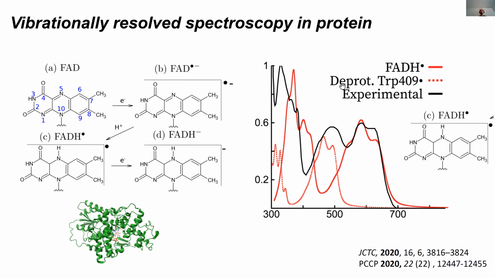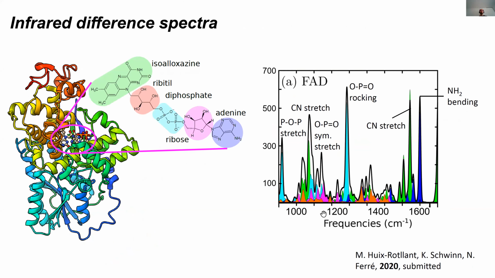And in fact, when we considered the electron and proton donor from the protein, which is tryptophan 409, then we managed to reproduce this peak in between. So that was the first time that we gave a realistic interpretation of the origin of that peak. Currently, we are also computing the infrared spectrum.